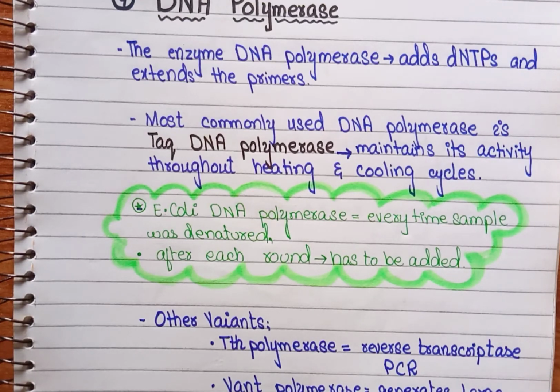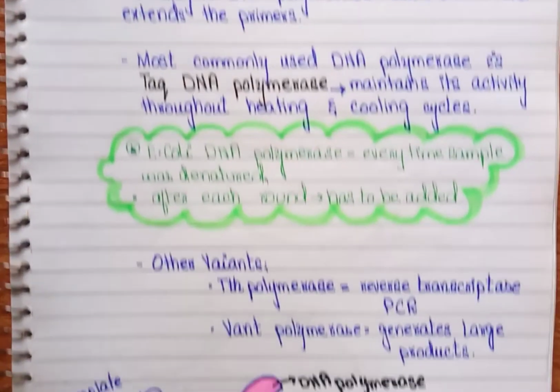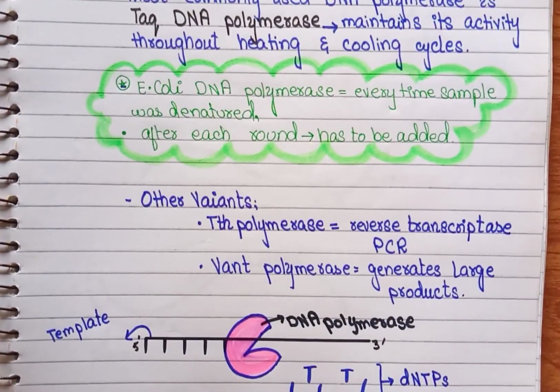So what are the other variants of DNA polymerase? Here we have some other variants. We have Tth polymerase, from Thermus thermophilus, that helps in reverse transcriptase PCR, in which we use an RNA template. Then we have another polymerase that can generate a large number of products, almost 30,000.